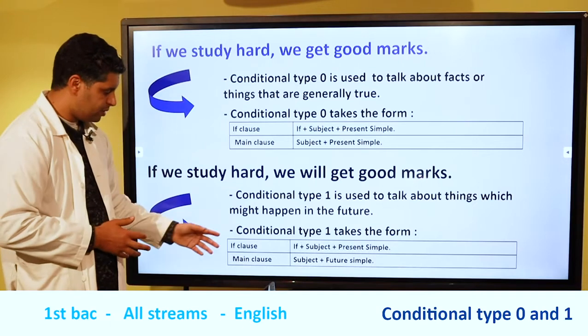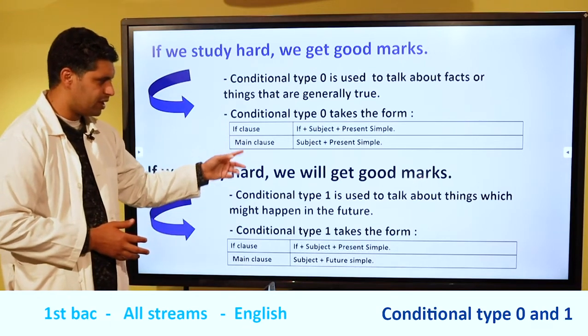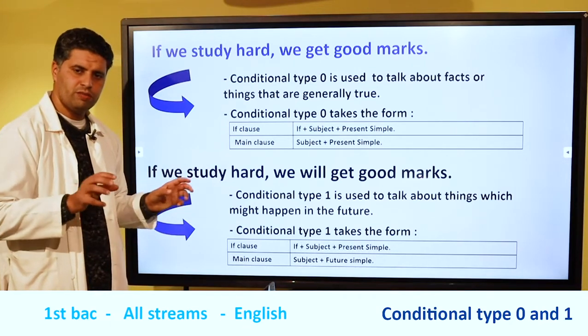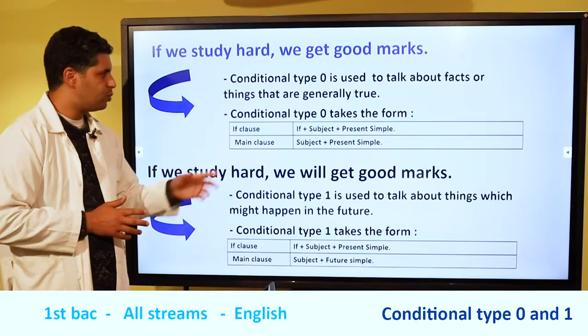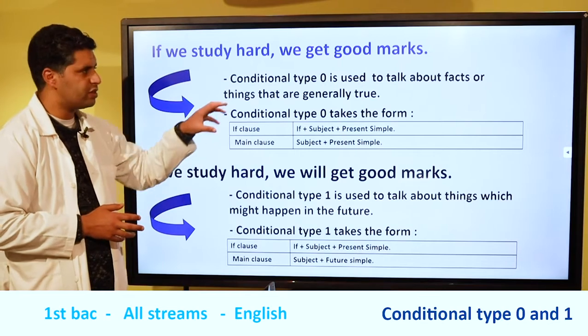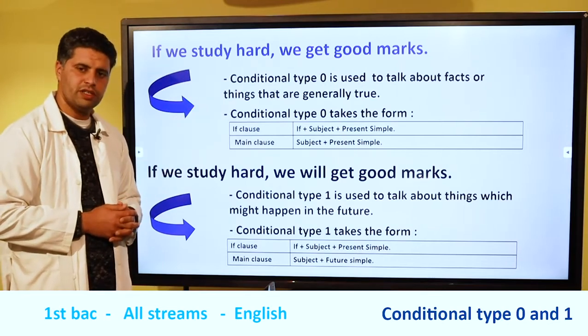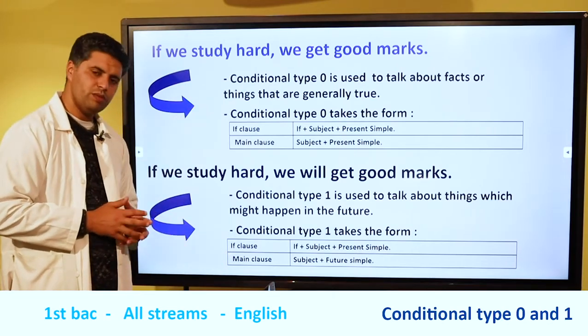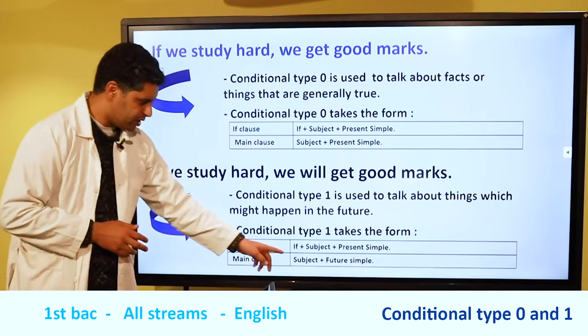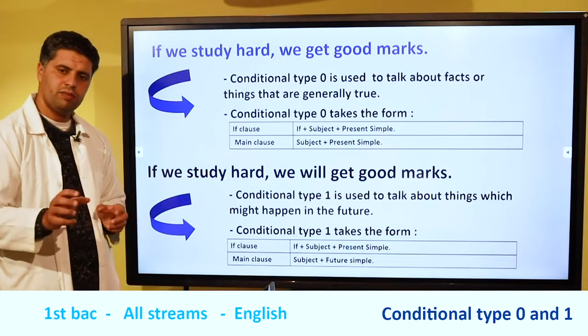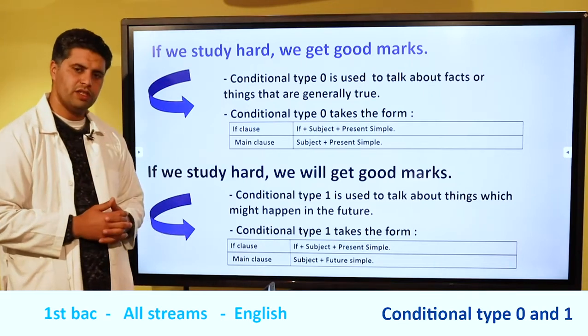And for the conditional type 1, the conditional takes the same form that we have here when it comes to the parts. So we have two parts, as you can see. It is the same as we have in the first structure, which is the structure of conditional type 0. We have two parts, but there is a very small difference, which is in the second part of the conditional type 1.